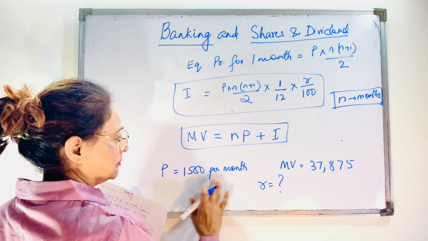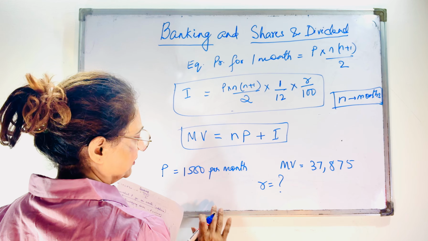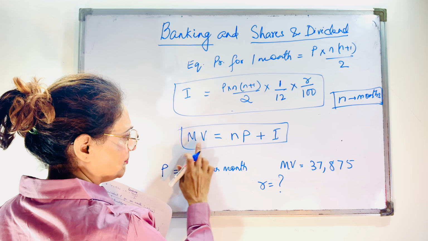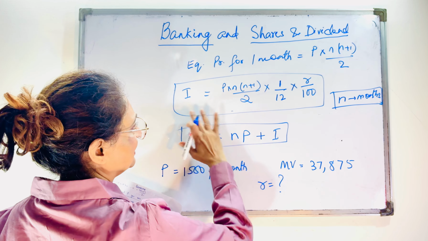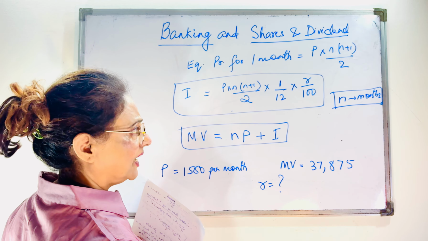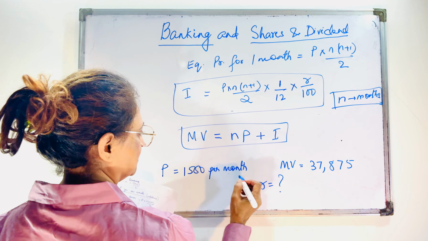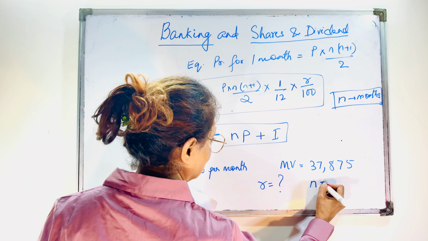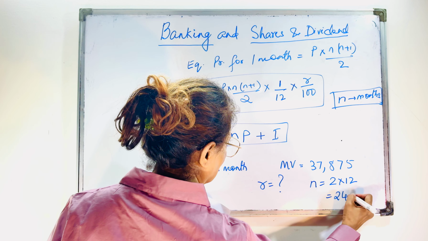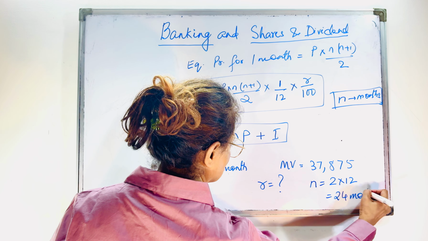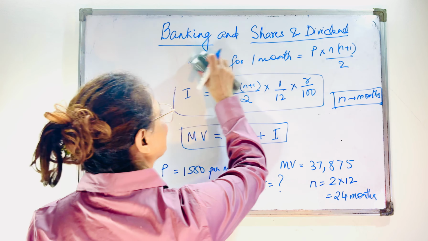P is given, maturity value is given, R is asked. So what do we use? Maturity value, n times P plus I, and I from here. For 2 years, n will be 2 into 12, always in months. So this is the data. First write down the data and then plug in values in the formula.